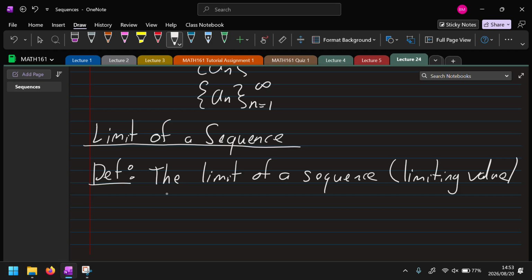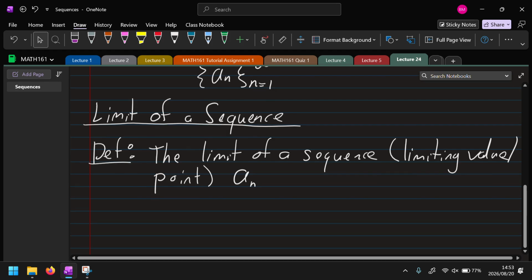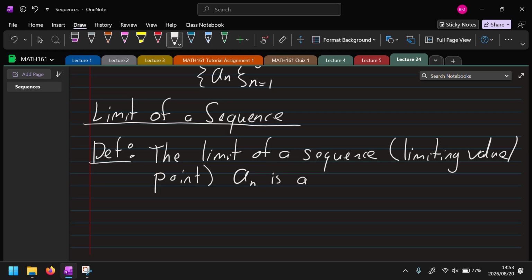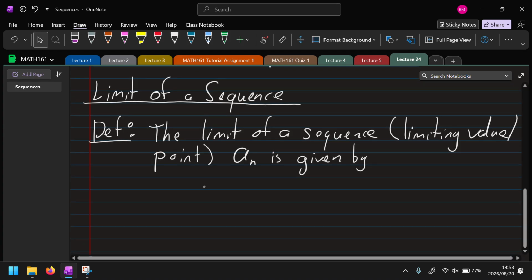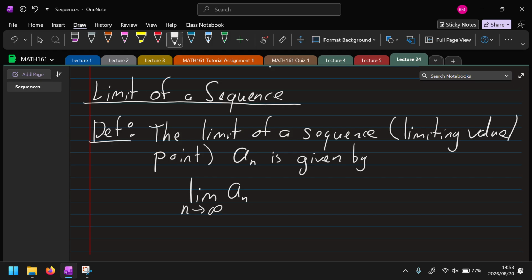So limiting value, limiting point, it all means the same thing. Of a sequence a sub n, whatever that might be, is given by the limit as n goes to infinity of whatever this a sub n is.